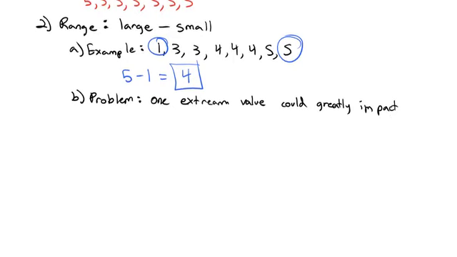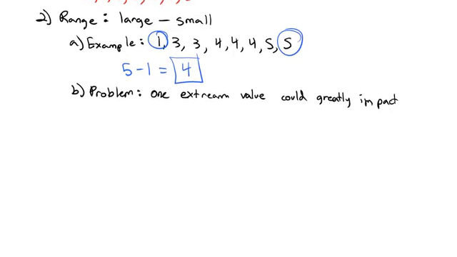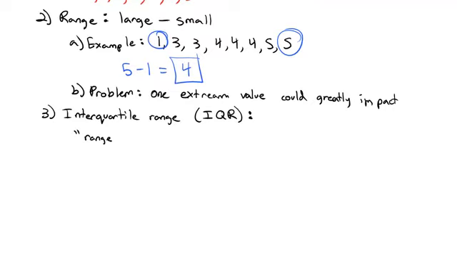And one measure of spread that might be better is what we call the interquartile range. It's often abbreviated as IQR for interquartile range. And the interquartile range you could think about as the range of the middle 50%.